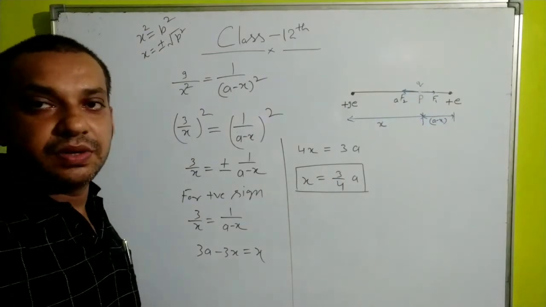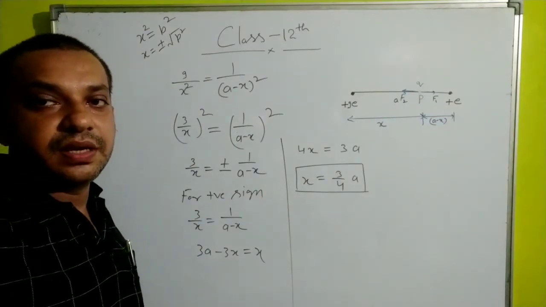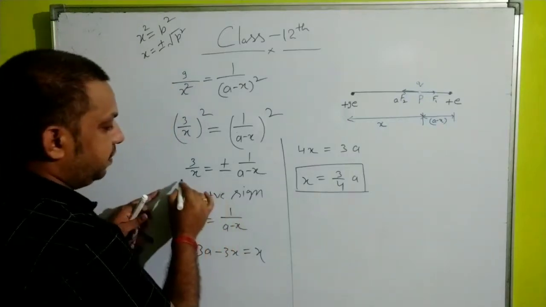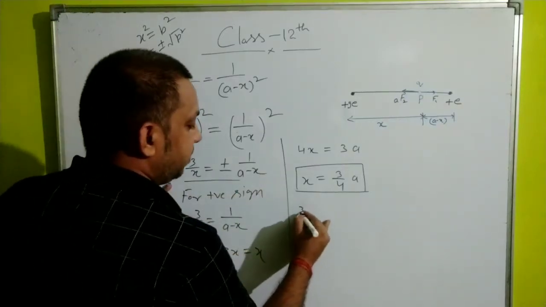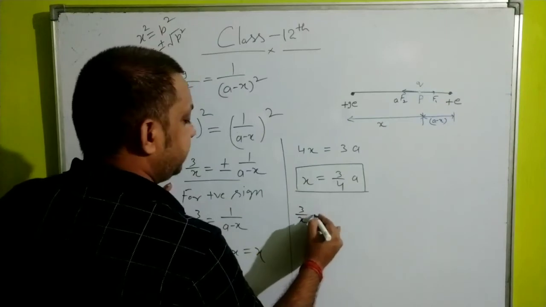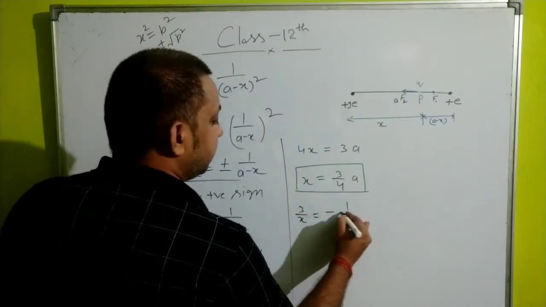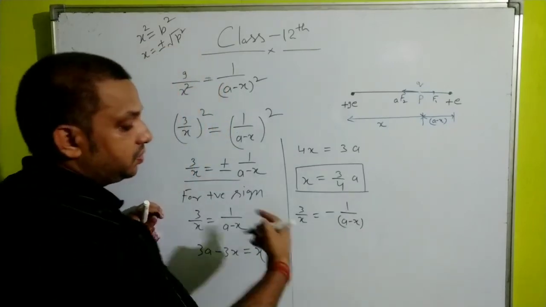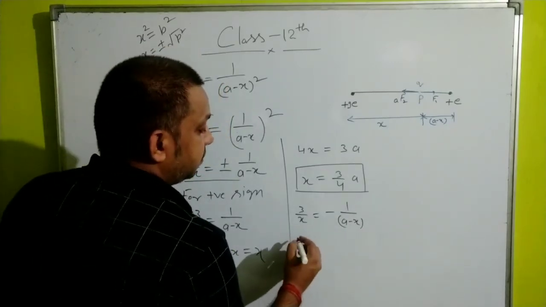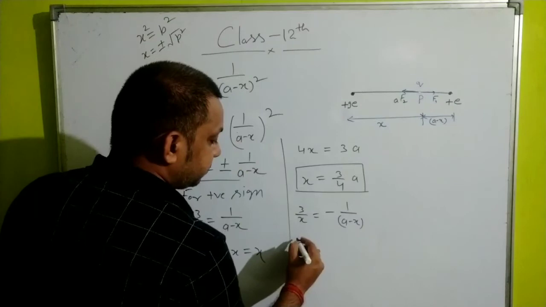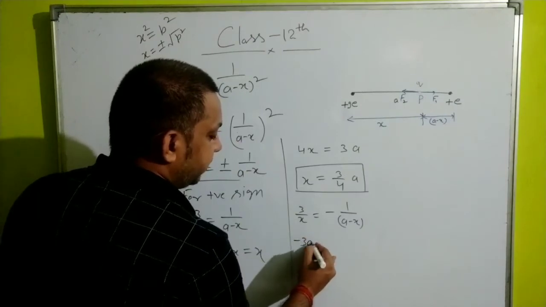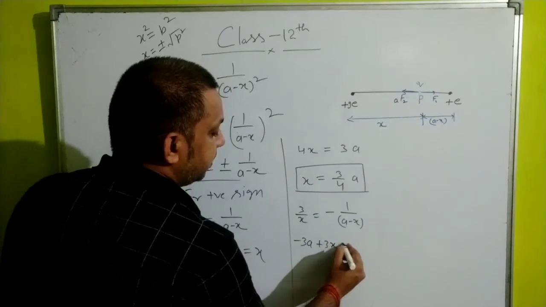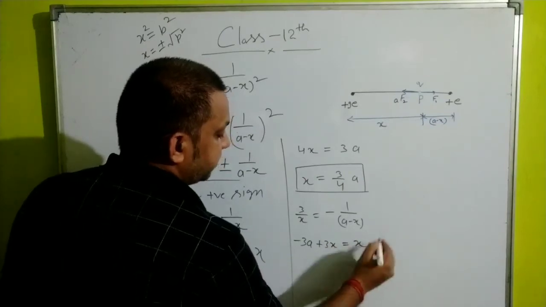Clear? Now next I am taking the negative sign. So when you take the negative sign, you will get 3 by x is equal to minus 1 upon a minus x. Clear? So just cross multiply here. So you will get minus 3a plus 3x is equal to x.